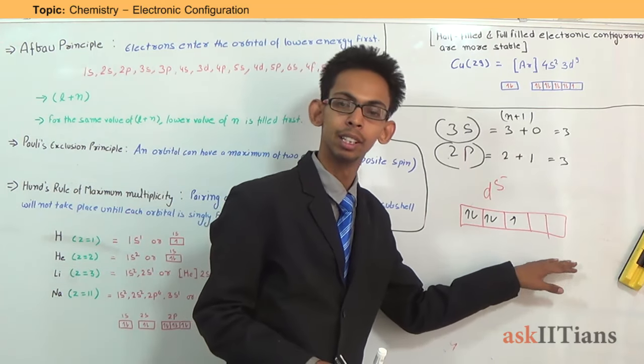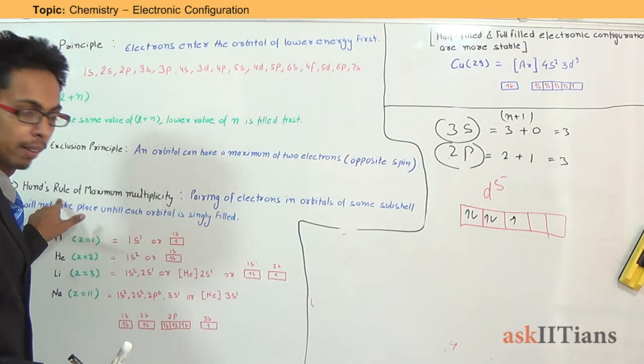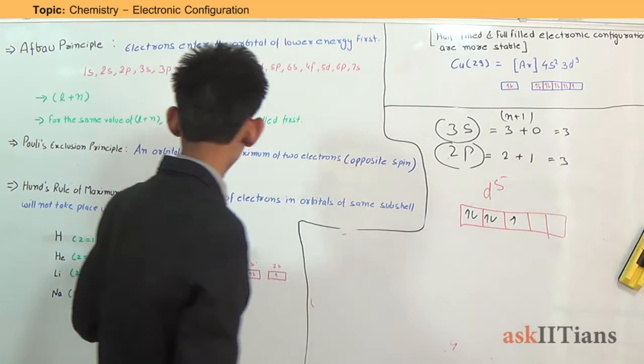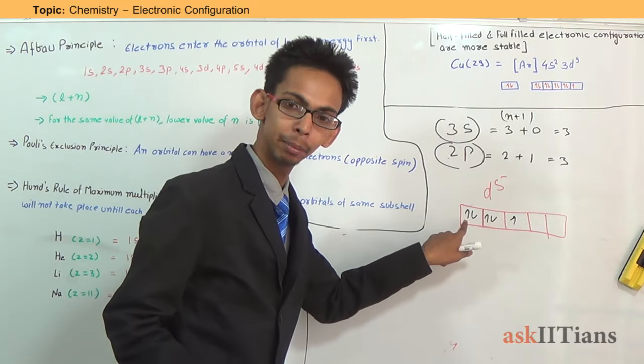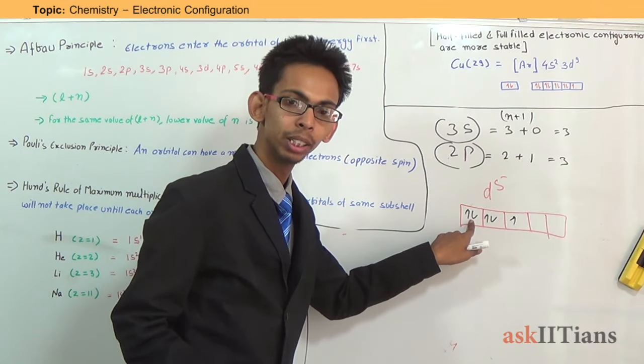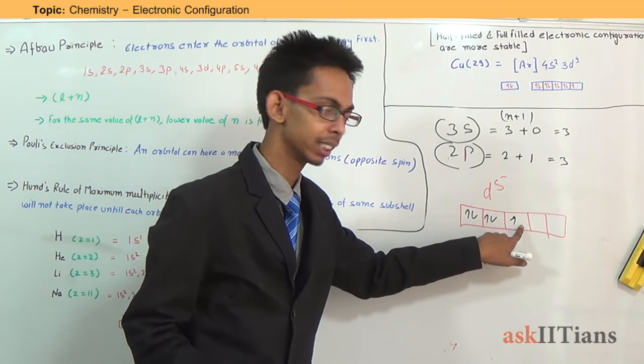These orbitals will be filled according to Hund's rule, which states that pairing of electrons in orbitals of the same subshell will not take place until each of these orbitals contains 1 electron. Here, this orbital contains 2 electrons, that means they are paired, again paired, and this is single.